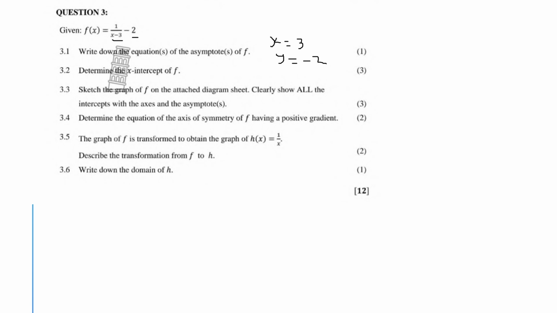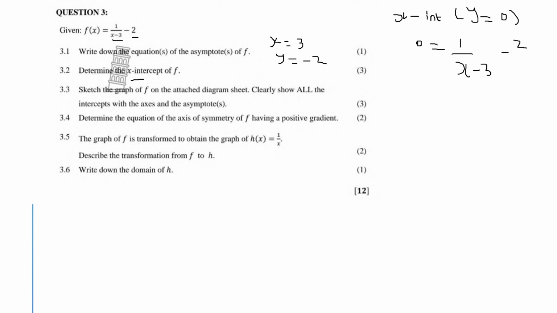Here they're only asking us to find the x-intercept, but you can't draw the graph if you don't have the other one, because the graph needs both intercepts. We know about the x-intercept that y must be 0. So in our given equation, I'm going to put a 0 there: 0 is equal to 1 over x minus 3, and then -2.